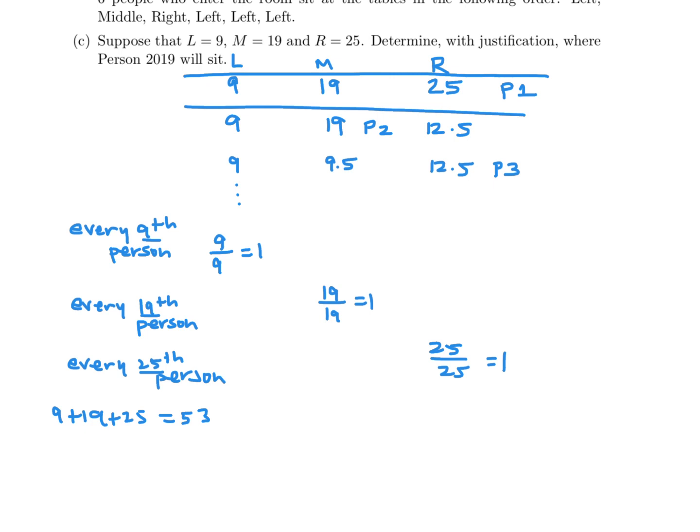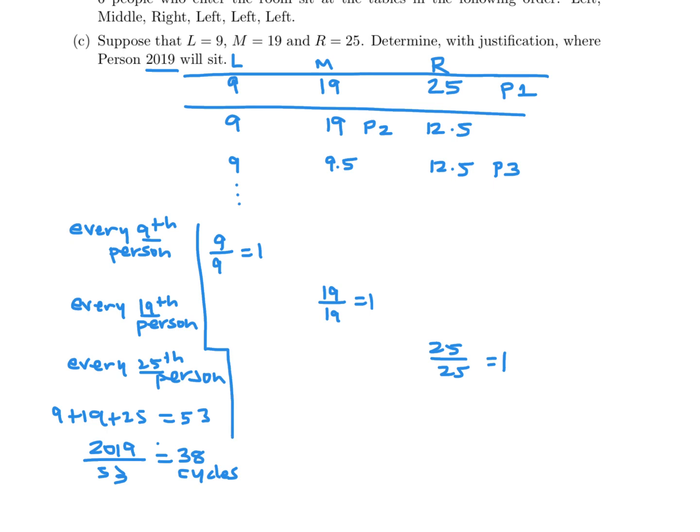So that means if we're trying to get to 2019, and every 53 cycles we have sort of this division, then that's approximately 38 cycles. So we have 38 of these 9 guys.